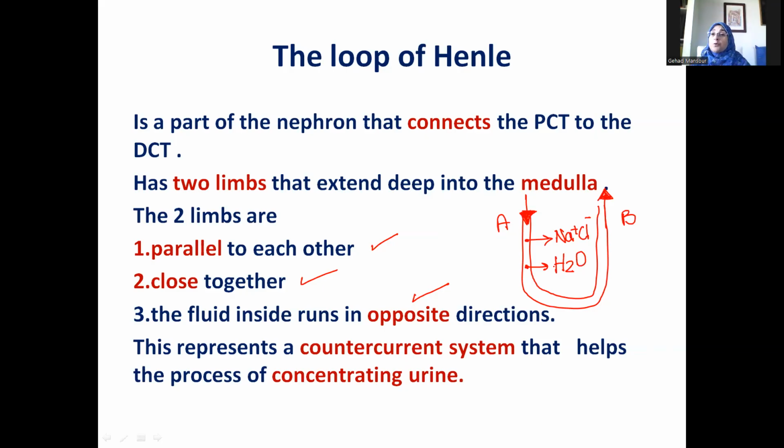So if you reabsorb 10% of the sodium chloride present in the filtrate, you will reabsorb 50% of the water present in the filtrate secondary to the absorption of sodium chloride, and therefore you reabsorb fluid more than solute, so you concentrate urine. So the main function of the loop of Henle is to concentrate urine.